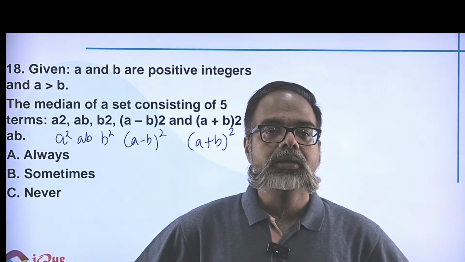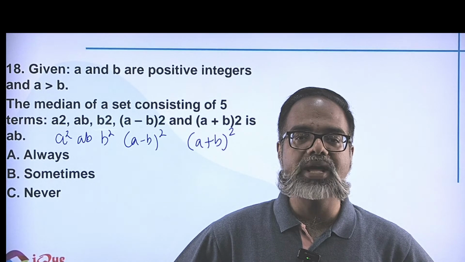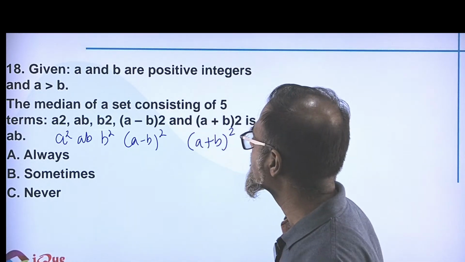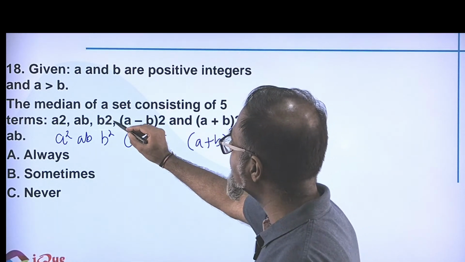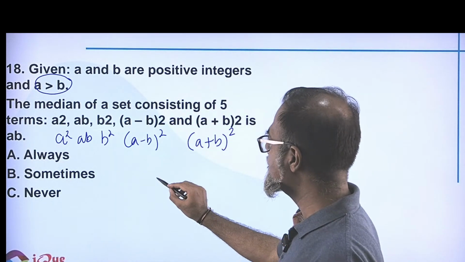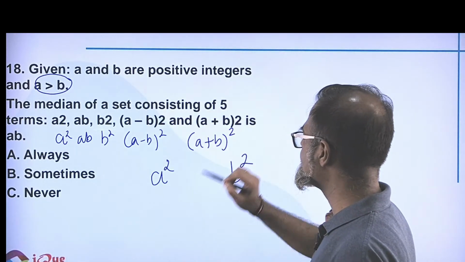Great. The median of a set consisting of 5 terms a square, ab, b square, (a minus b) the whole square and (a plus b) the whole square is what? Excellent. So we always know that a is greater than b. So if a is greater than b, then a square is obviously greater than b square.